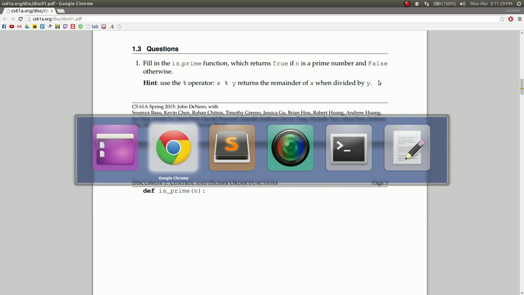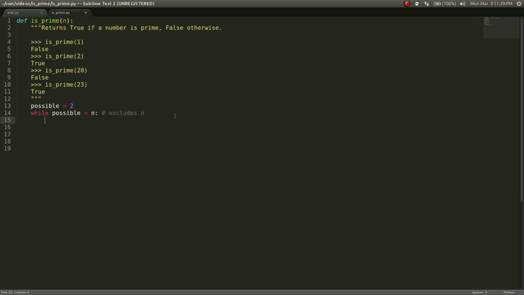Essentially what mod does is it tells you the remainder of a number. And you can tell if a number is a factor of another if the remainder is 0. For instance, 4 mod 2: 4 divided by 2 is equal to 2, so the remainder is 0. So if the remainder is 0, 2 is a factor of 4. So I'm going to try to implement that logic in a more general case.